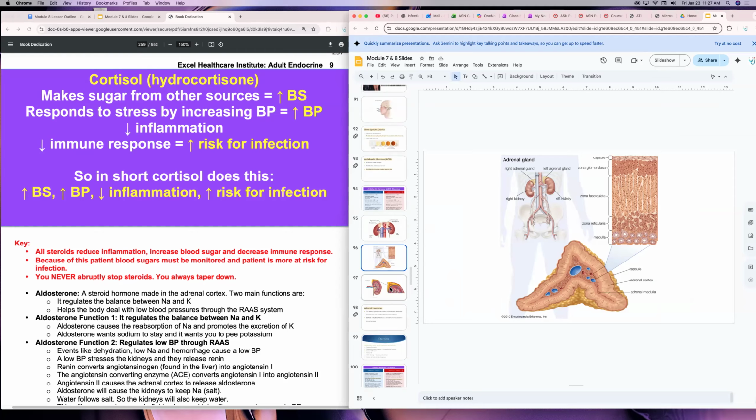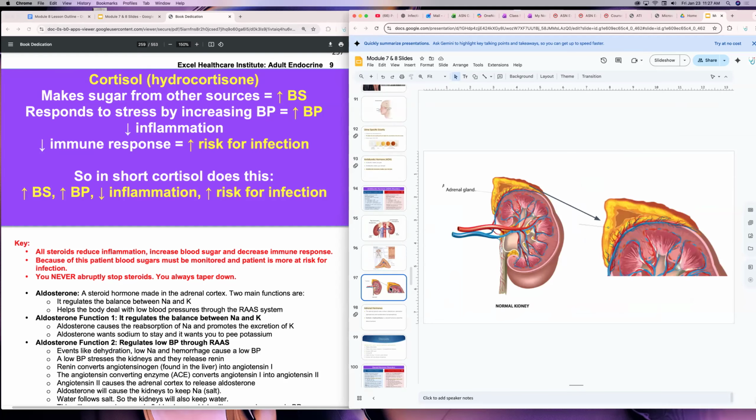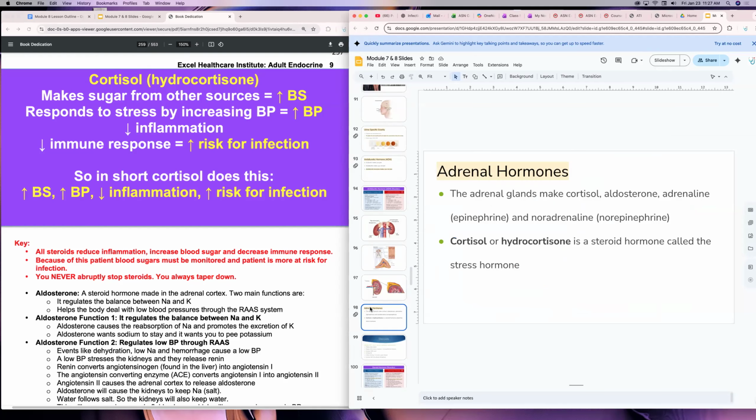And we talked about how they release very specific hormones. Okay, here's another view of one adrenal gland. And so the adrenal glands make cortisol, aldosterone, adrenaline, which is epinephrine, and noradrenaline, which is norepinephrine, just keeping in mind that these are hormones, okay?